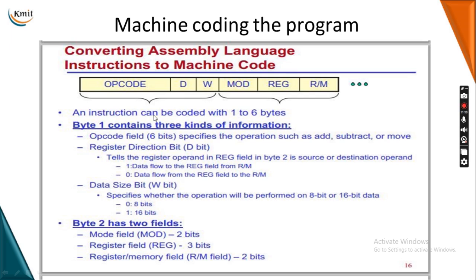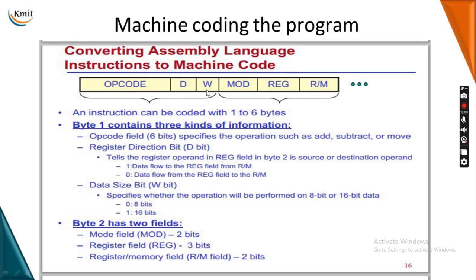Here you can see a box which has the opcode, the data bit, or I can call it the direction bit, and W, which is the width of the data. Getting the point?